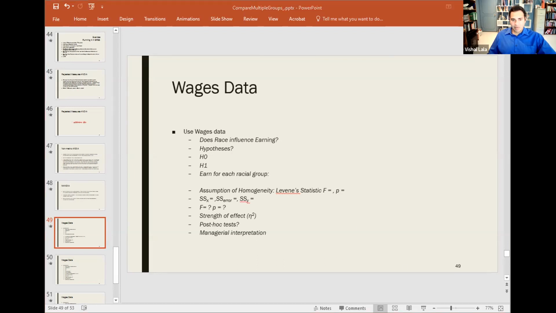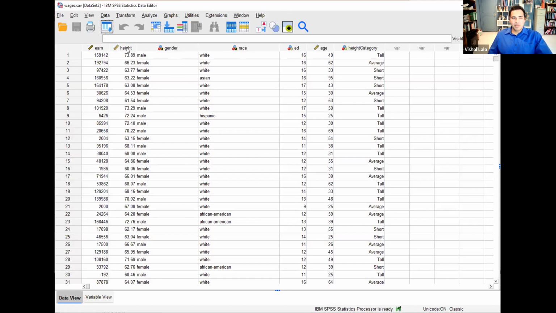Let me pull up the data set and take you there. So here's our wages data set. It includes information on people's earnings, height, gender, race, education, age, and height category.